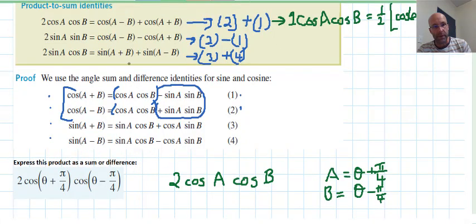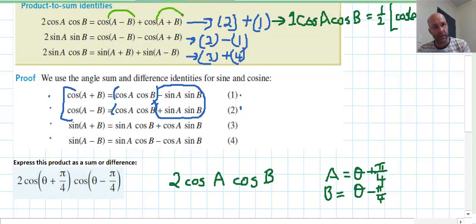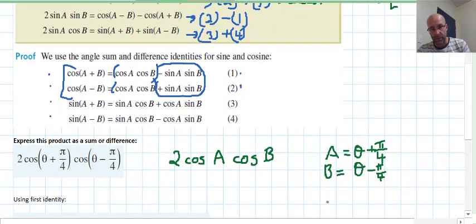Now if that were right, when we get over to this right hand side, we've got to get the first angle and subtract the second angle, and then there we've got to add them. So let's look at what that would be like. A plus B would be theta plus theta, that's 2 theta, and then pi on 4 plus negative pi on 4, which is 0.